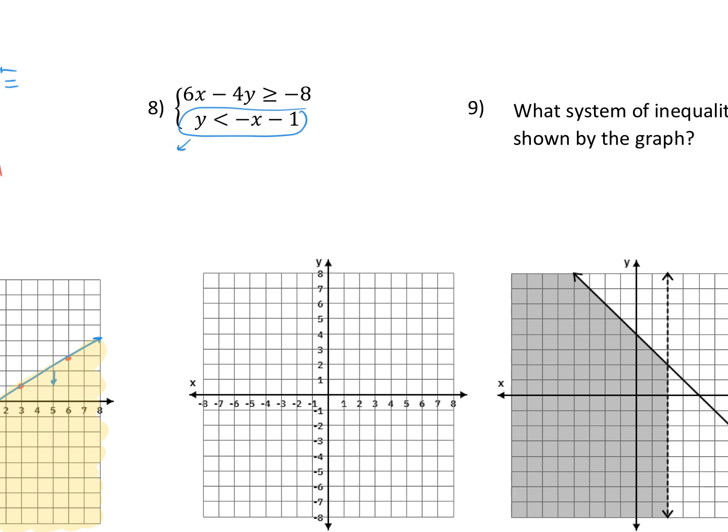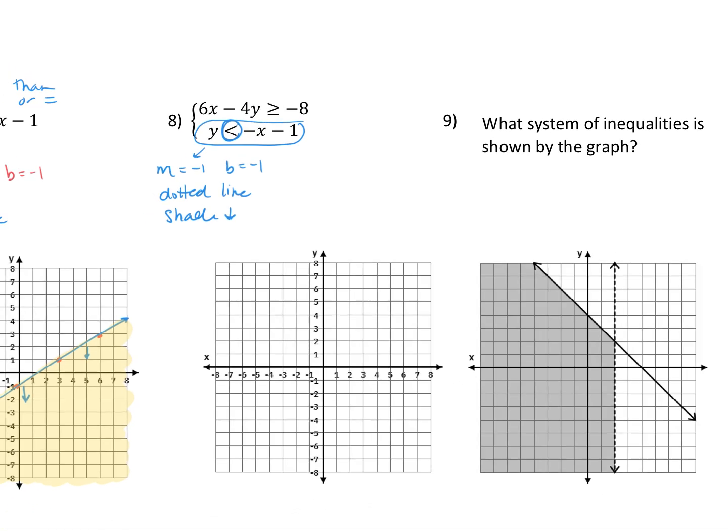So on this one, let's just take some notes on this line. The slope is going to be -1. The y-intercept is going to be -1. The inequality does not have an or equal to bar, so this is going to be a dotted line. And then that is a less than. Anytime it's less than, we are going to shade below.